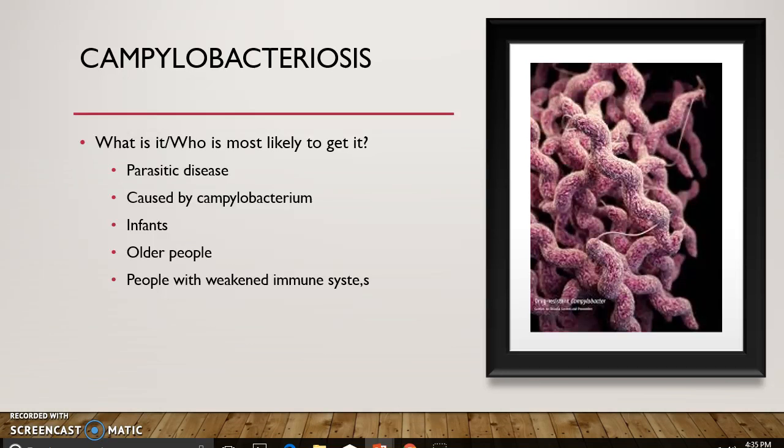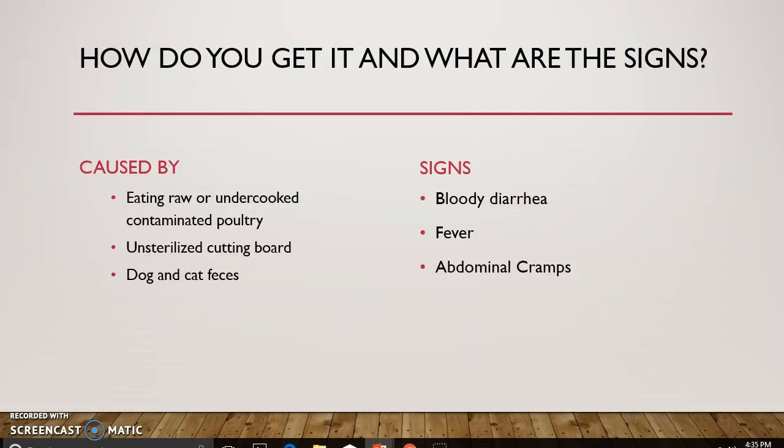You can get it by eating undercooked poultry. Sometimes people will use a cutting board and not sanitize it properly after cutting up chicken, and this can be a reason that they contract it.